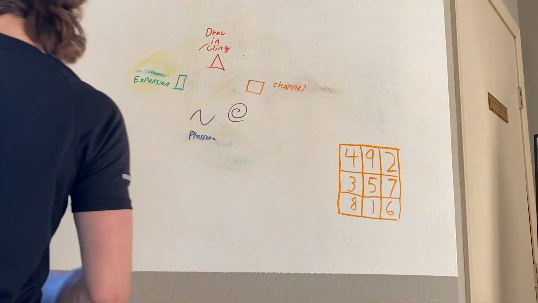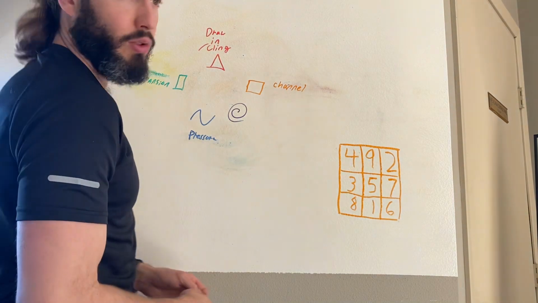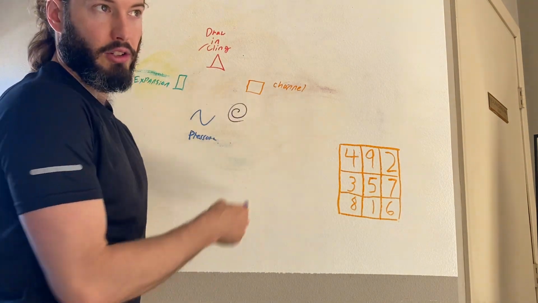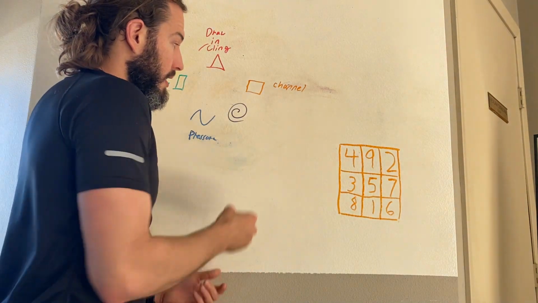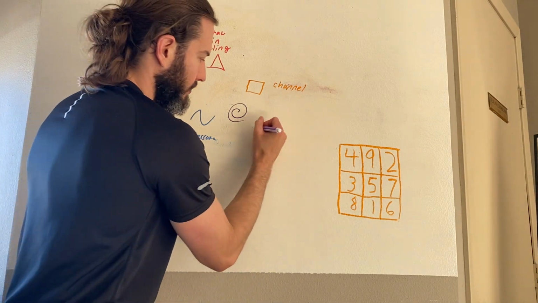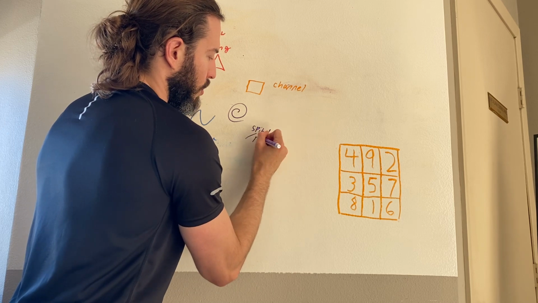So metal, moving on to metal. And again, I wrote it in purple. The actual color is going to be white. So these colors are actually accurate as well. So metal, the energy is going to be spiraling, or refining.